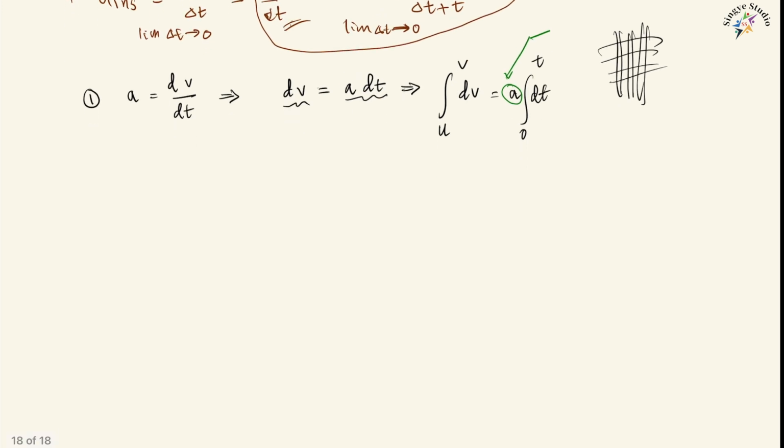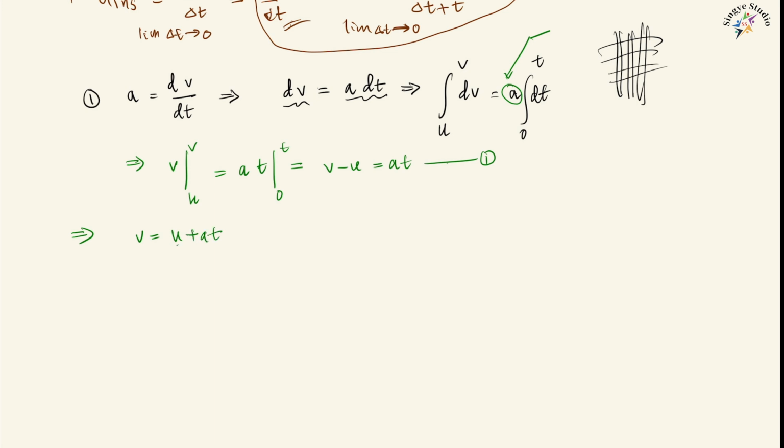Solving this, we get the limits of v from u to v equal to a t from 0 to t. So v minus u equals a t. This is equation number 1. Or you can rearrange this and write v equals u plus a t.